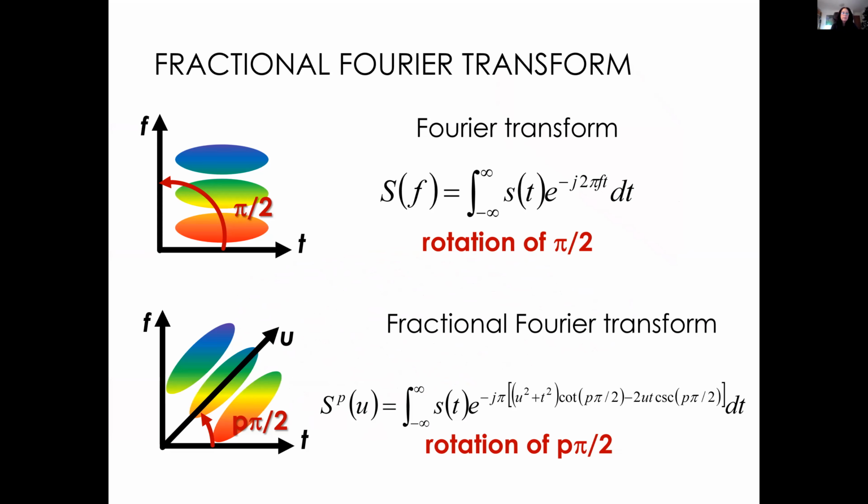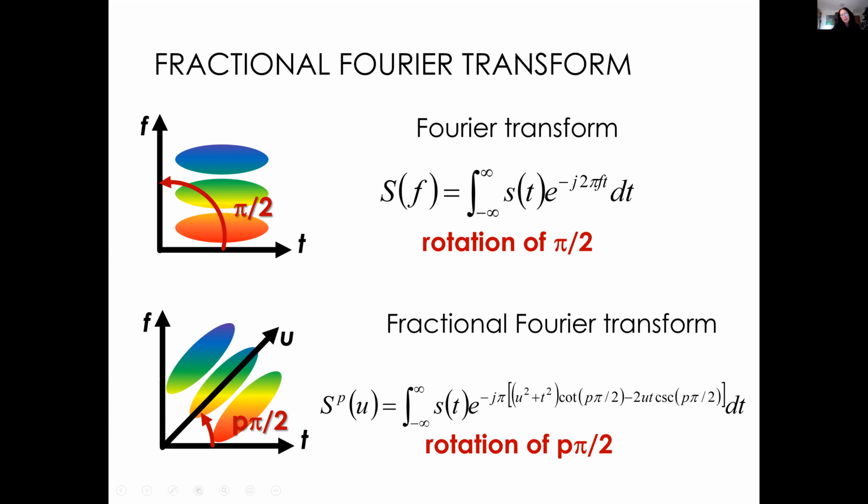And to do that, we use the fractional Fourier transform. The Fourier transform, we all know, makes a 90-degree rotation between time and frequency. But if I stop in the middle between time and frequency, I am performing what is called the fractional Fourier transform. So I can rotate by any angle between time and frequency.